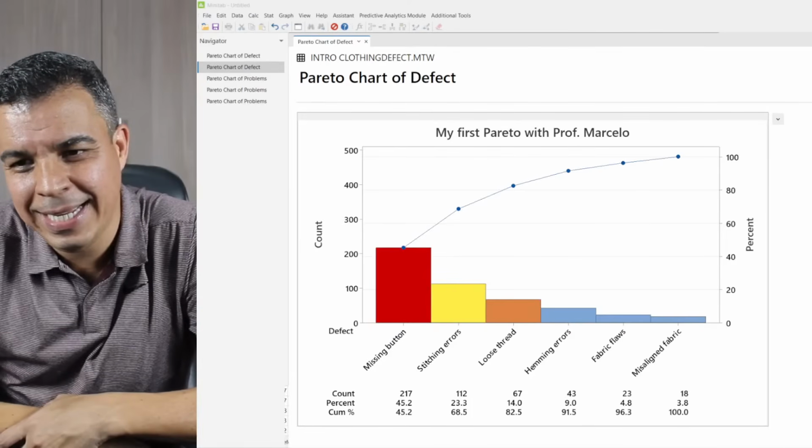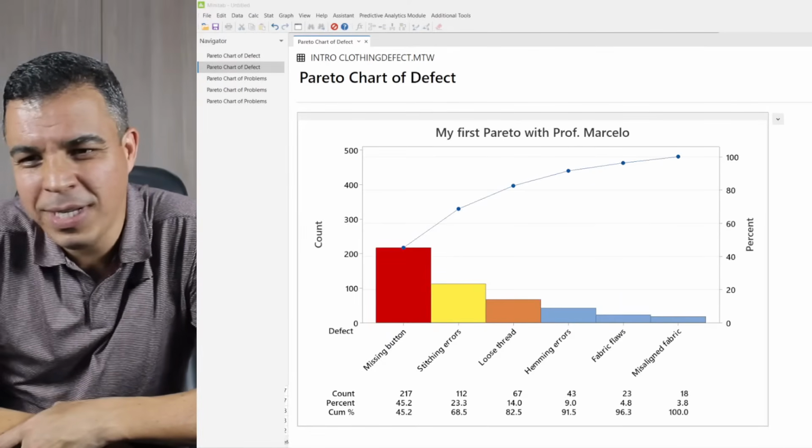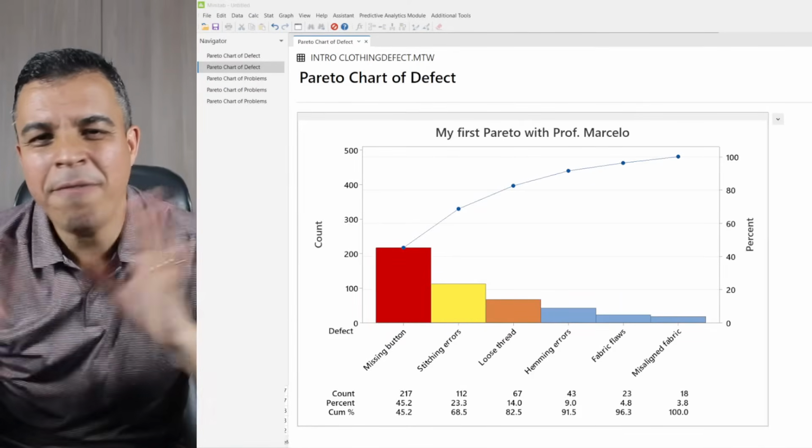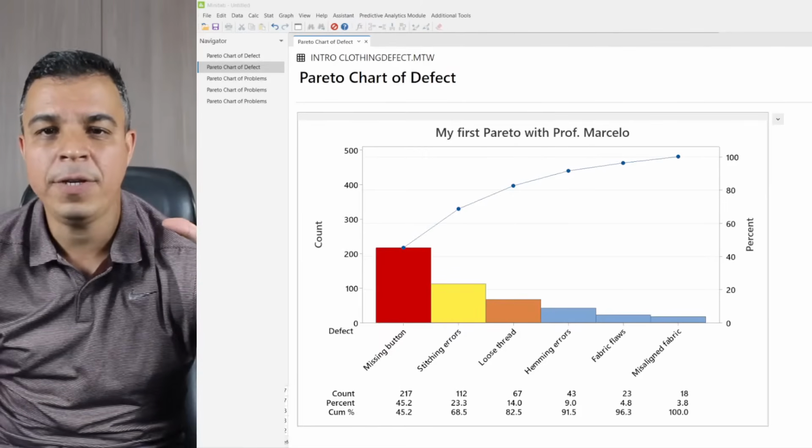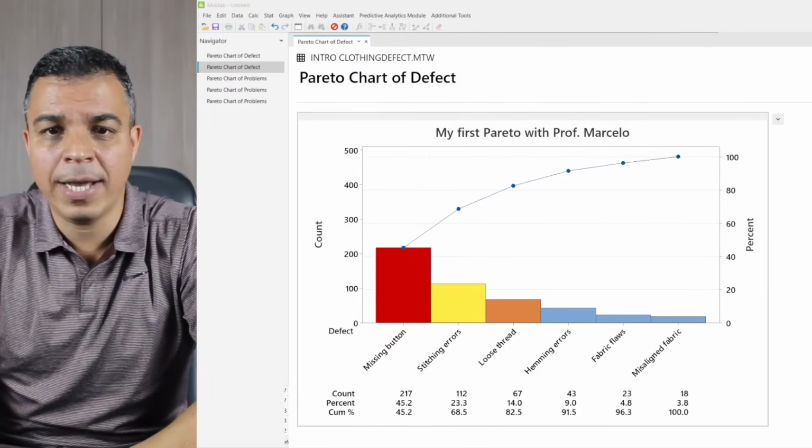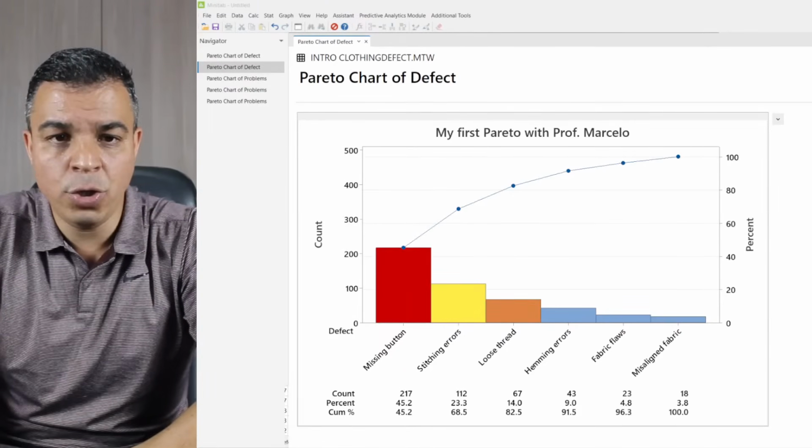Yes, Eileen, in one word, it's prioritization. By far the most important benefit of plotting a graph like this is to show the entire team, or your customer, or your manager, where we must focus, where we should spend energy.